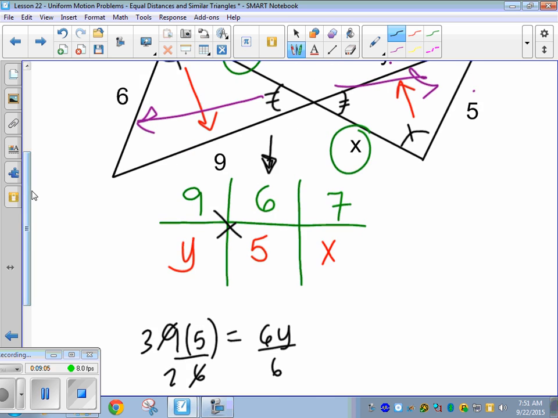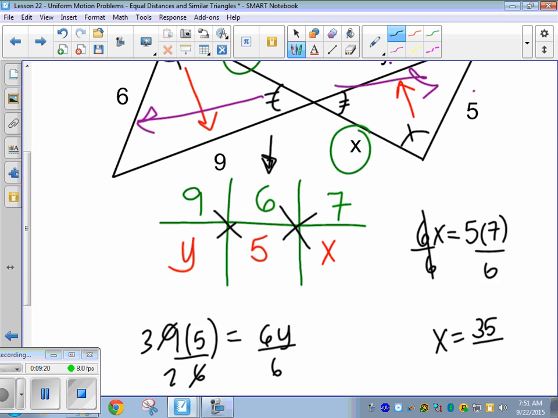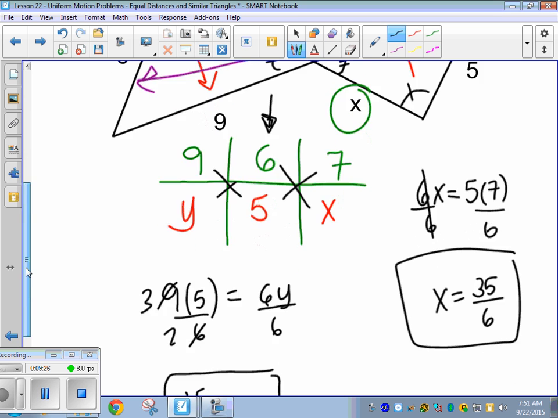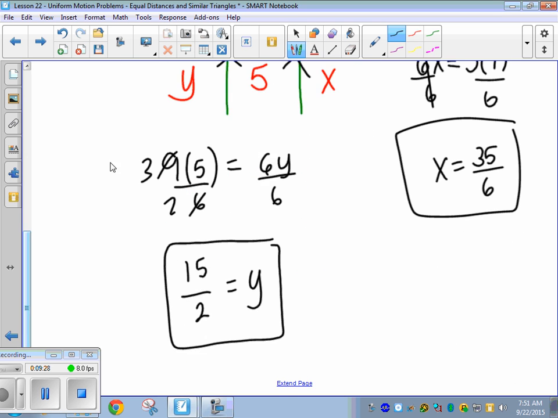Okay, and then I'm going to cross multiply on this side so I can find the x. So 6 times x equals 5 times 7. And divide by 6. I don't think either of those reduce, so we get 35 over 6, which does not reduce. All right. Questions on that?